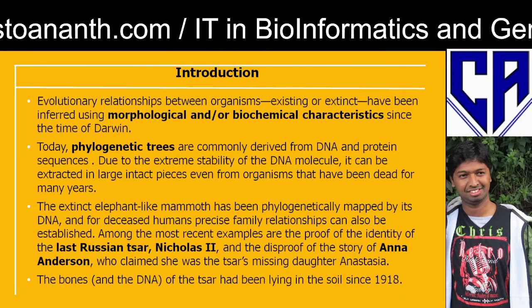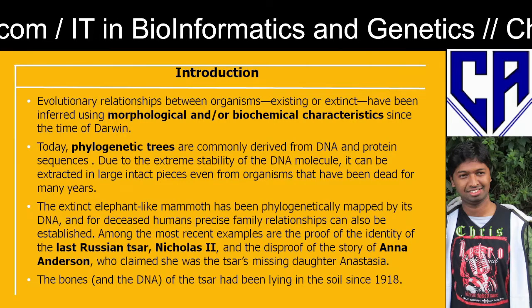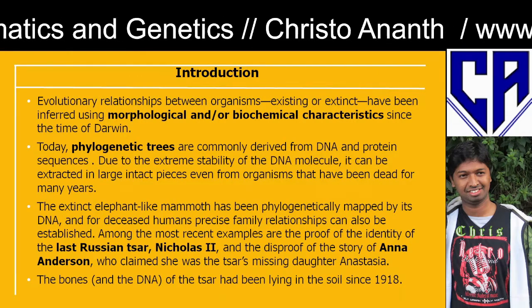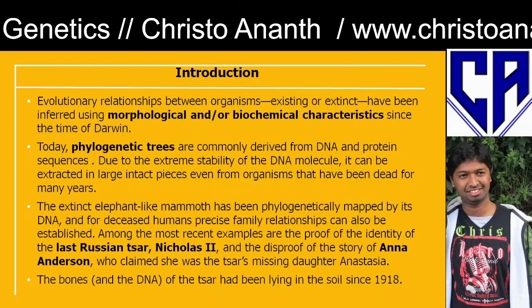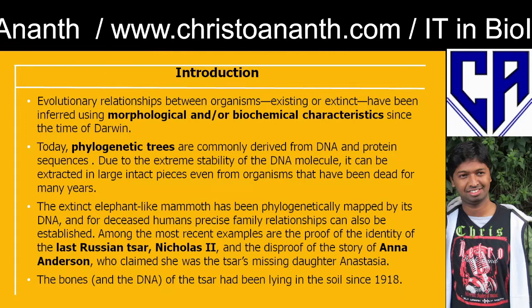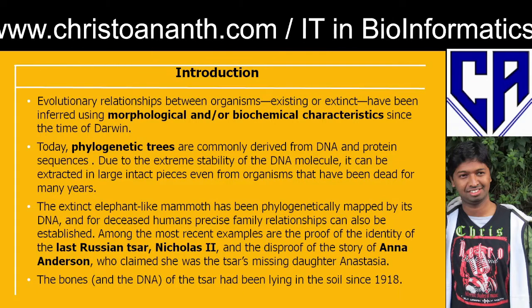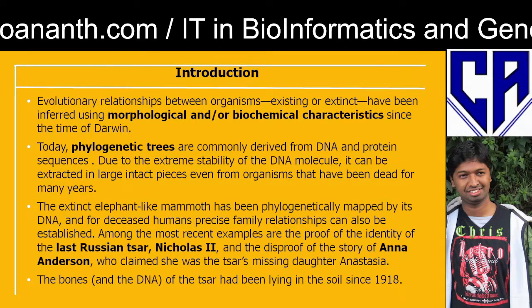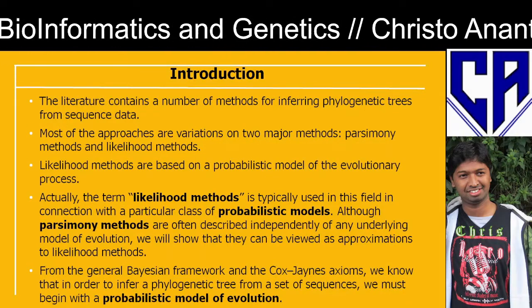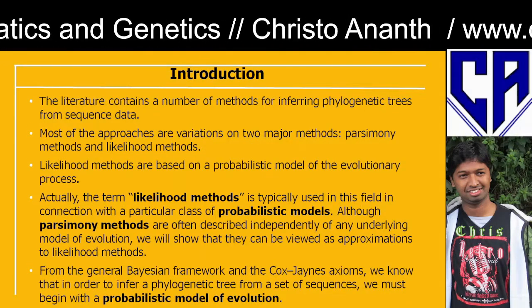So even with the case of DNA sequences, we can come up with various evolutionary relationships, and we can find out who is the real parent, who is the real child. The bones of the Tsar have been lying in the soil since 1918, and in the literature, it has been inferred from several phylogenetic trees from sequence data.